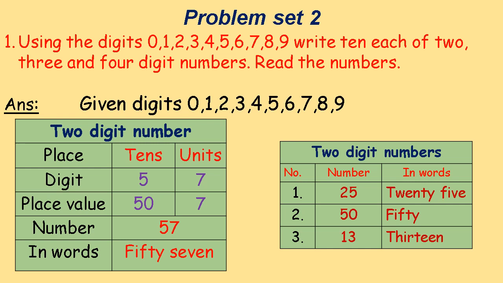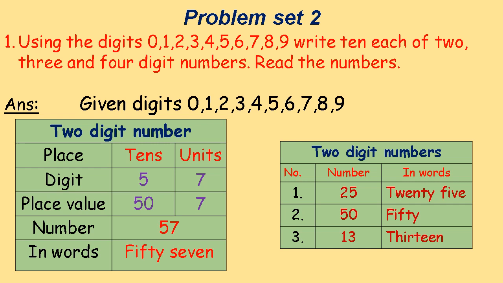So let's make a 2 digit number. A 2 digit number will have 2 places, tens and units. Therefore, we need to select any 2 digits from the given digits to make a 2 digit number. I have taken 7 in the units place and 5 in the tens place, as you can see in the table.